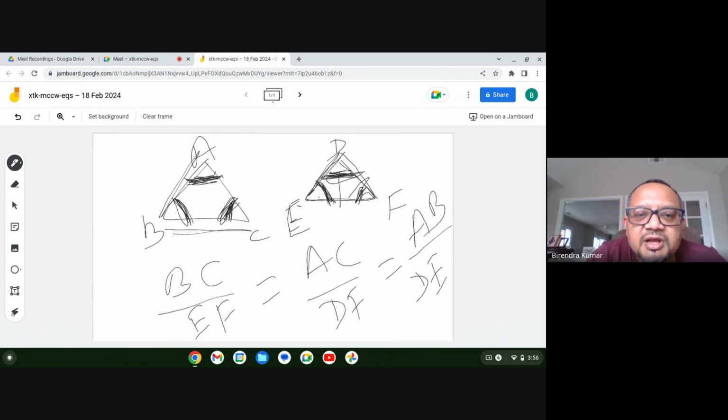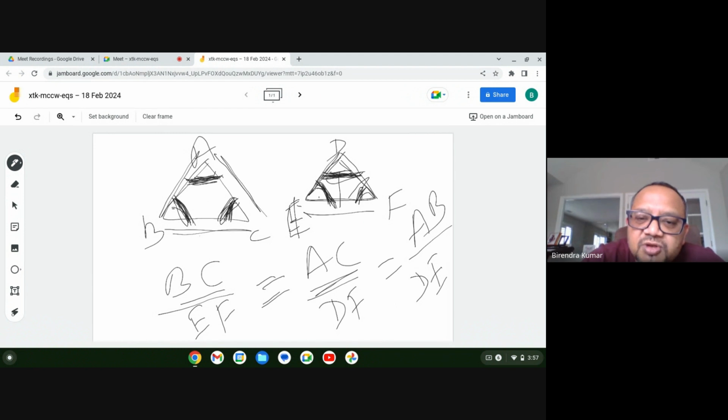Meaning, side opposite to angle A is BC, and side opposite to the matching angle D is EF. This will be the same proportion as, let's take the next angle, angle B and angle E. These two are matching. So side opposite to angle B is AC divided by side opposite to angle E, which is DF. And the third matching angle is C and F. So side opposite to angle C is AB divided by DE.